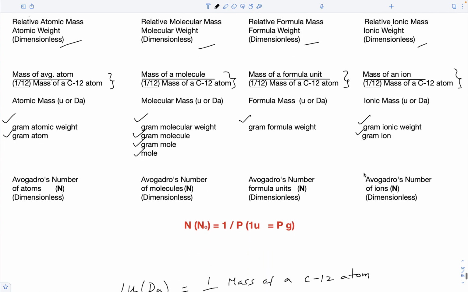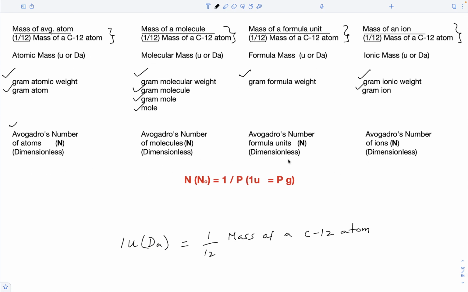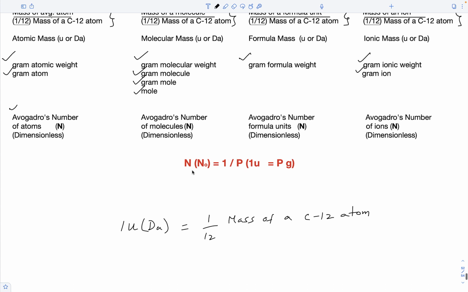We know 1 gram atom of any element and 1 mole of any molecular substance, 1 gram formula weight of any ionic compound, and 1 gram ion of any ion contain the same number of particles, and that is equal to Avogadro's number. And Avogadro's number is denoted by capital N or N0, and it is equal to 1 over p, where p is the conversion factor between unified atomic mass unit and gram.